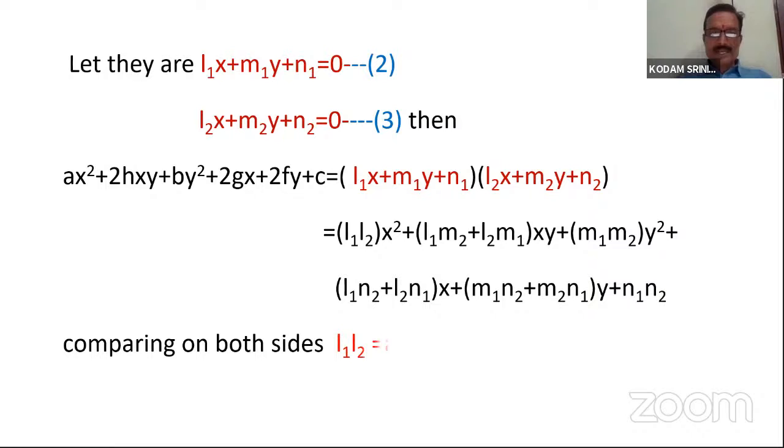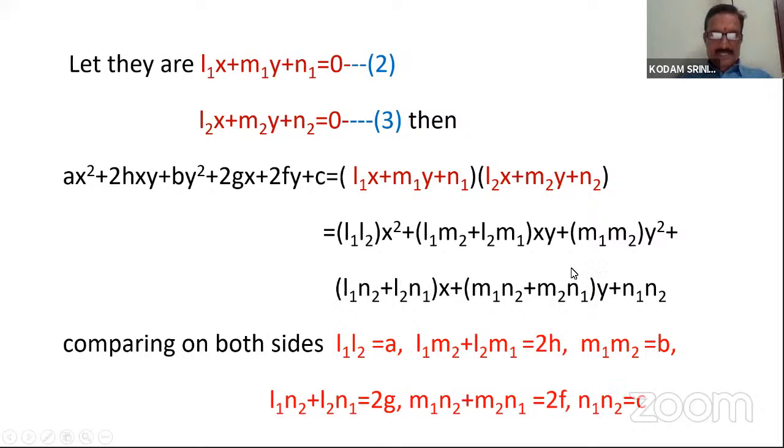So comparing the coefficients of like terms on both sides: the coefficient of x square is L1L2, and here it is a, so L1L2 equals a.